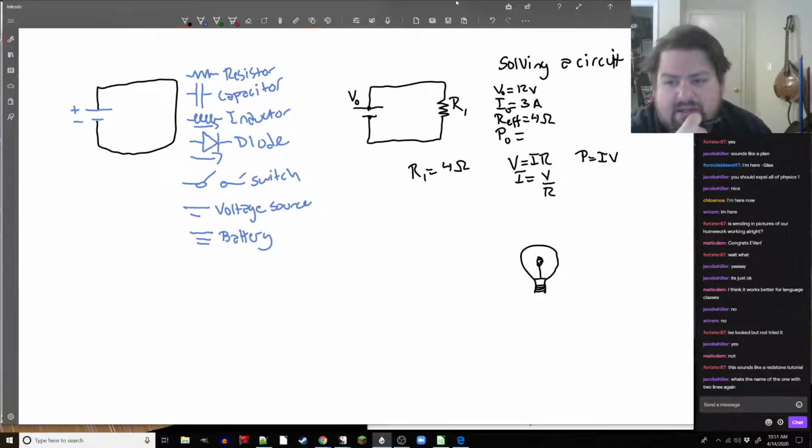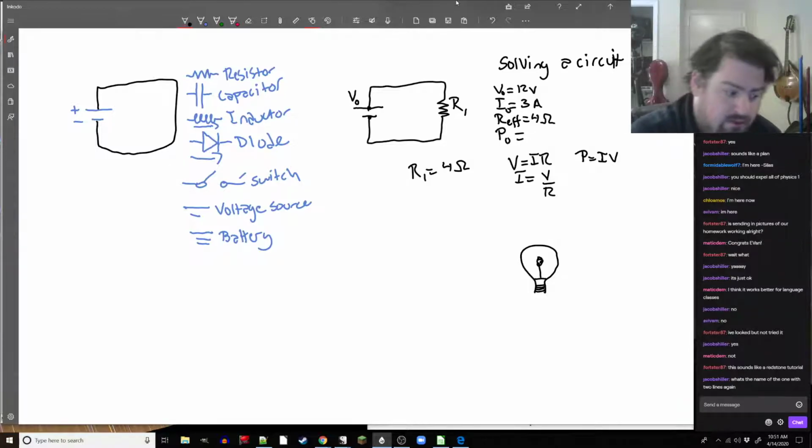So the power dissipated in watts is like the brightness of that light bulb, right? Like a standard 60 watt light bulb, that's how much power it's dissipating, or energy per second, I guess, joules per second. That's the whole idea, is that this light bulb is basically just a big resistor. So you could actually even draw the circuit of a light bulb exactly like what I've drawn here.